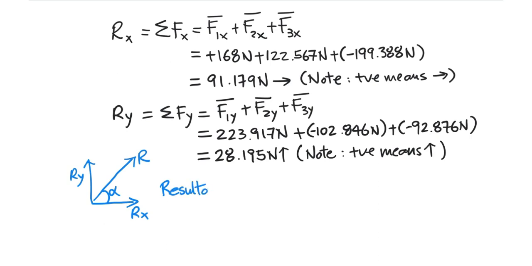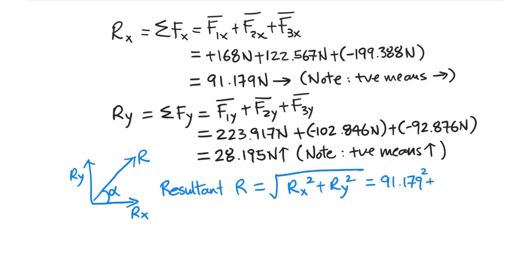From the drawing, the magnitude R equals the square root of the sum of Rx squared and Ry squared, Pythagoras theorem. Therefore, R equals the square root of 91.179 squared plus 28.195 squared. This equals 95.438 or 95.44 Newton.